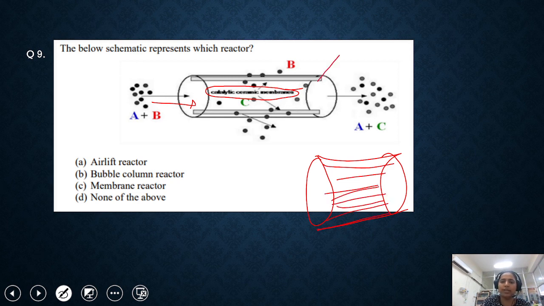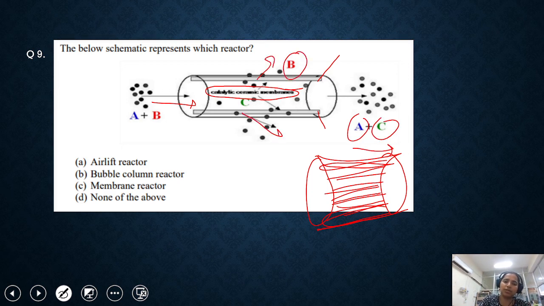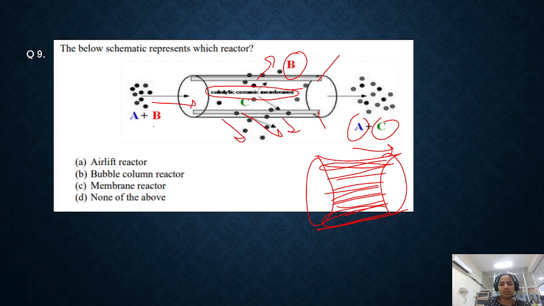They have shown only two membranes, but it is not like there are only two, one up and one down; on the whole surface the membranes are bound. So then C is forming, A and C are coming out, and B mainly diffuses out through these membranes. So this figure is representing the membrane reactor. So the answer to this question is C.